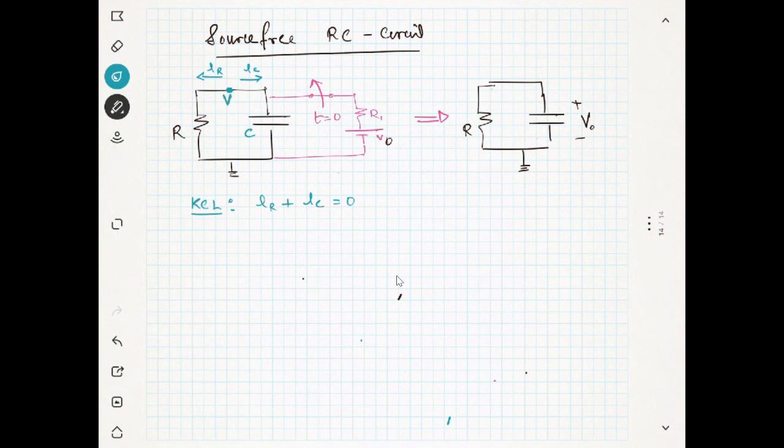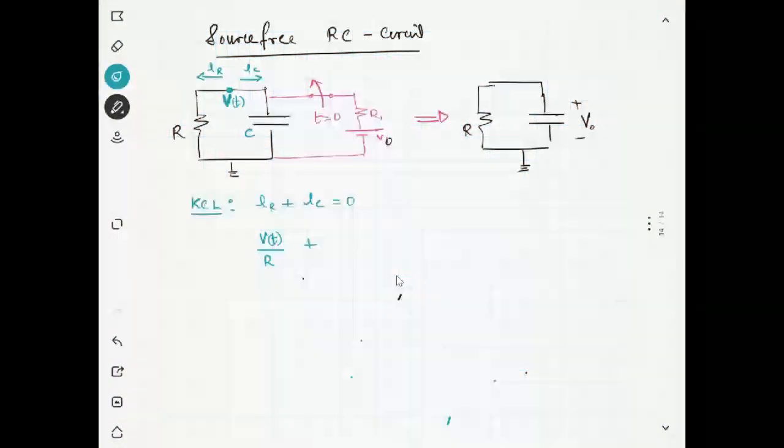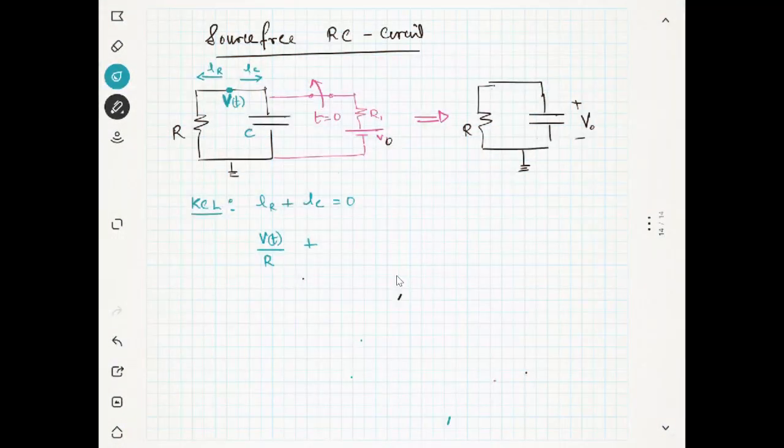The initial voltage across the capacitor is V0, which I have already told you, and we will talk about that later. Let's say in general the voltage is V of t. So what will be the current IR? IR will be V of t over R, right? Plus the current through the capacitor, which will be C into dV of t over dt.